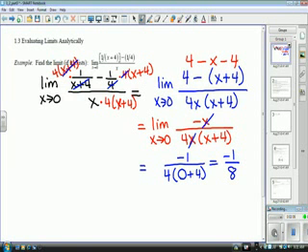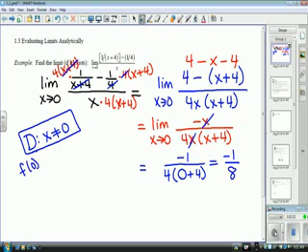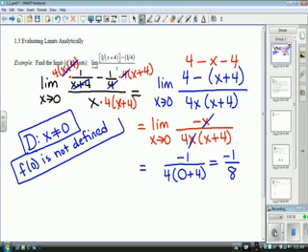Now remember, the whole point of all of this limit stuff, the reason we even do it in the first place, is that on that problem, I know the domain is x can't be 0. In other words, f of 0 is not defined. Right?